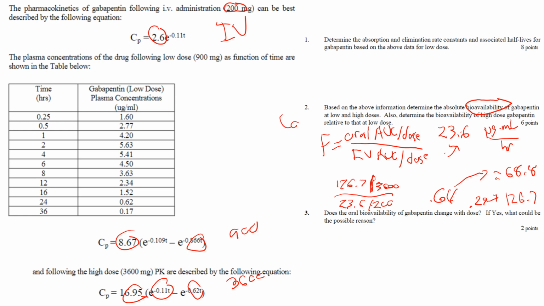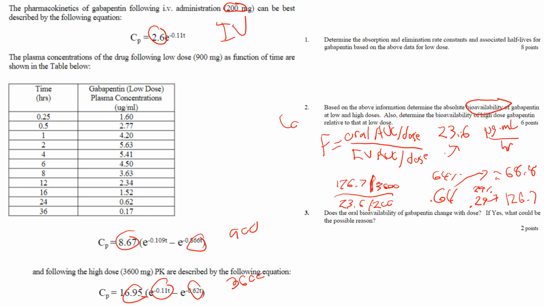So these are essentially the bioavailabilities. You can see that the low dose has 64% bioavailability, right? If we were to multiply that by 100, this one only has 29%, which is kind of weird, right? Why would a higher dose of a drug have a lower bioavailability?